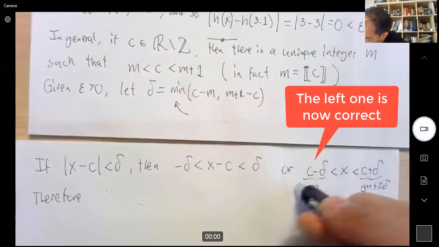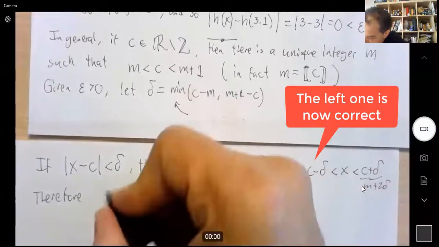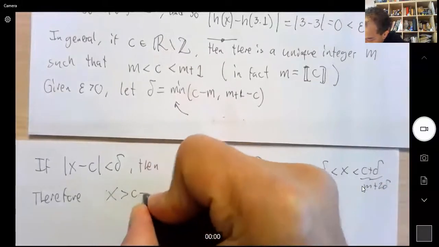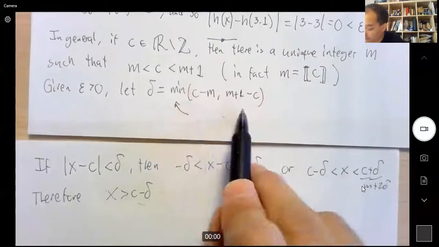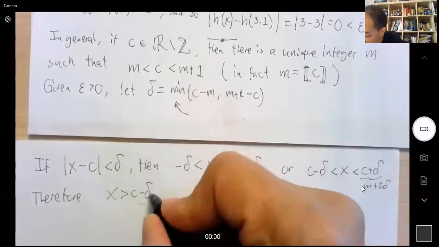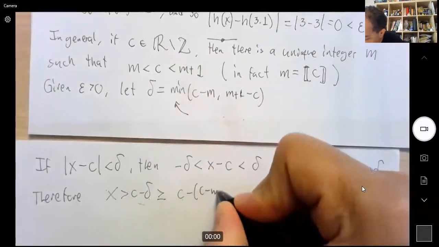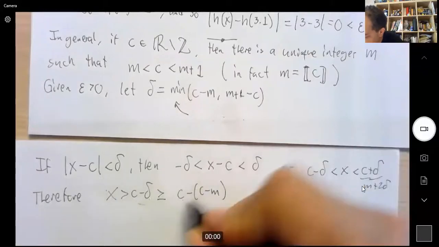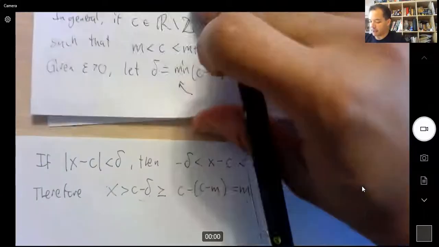So let me backtrack. Therefore, x is bigger than c minus delta, right? But delta is the minimum of these two numbers. So delta is smaller than both of them. In particular, negative delta is bigger than or equal to m minus c, and this is m, right? So that's one part. x is bigger than m.